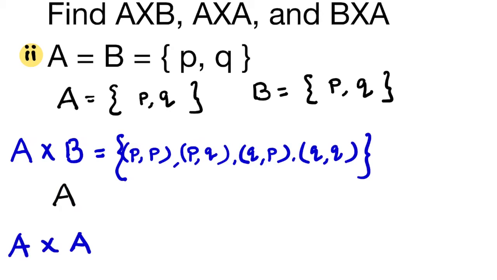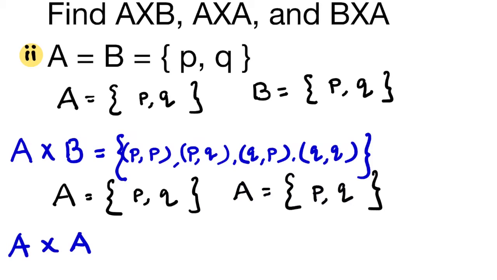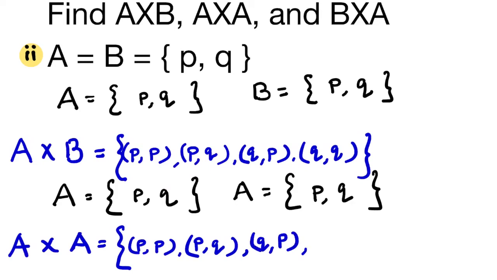A cross A. The elements of set A are P and Q. A cross A is equal to the set of all ordered pairs (P, P), (P, Q), (Q, P), (Q, Q).